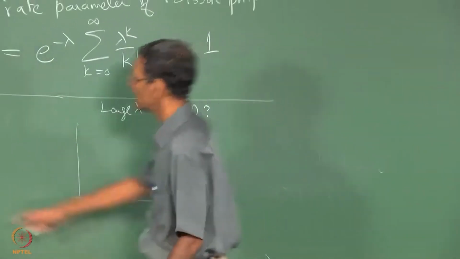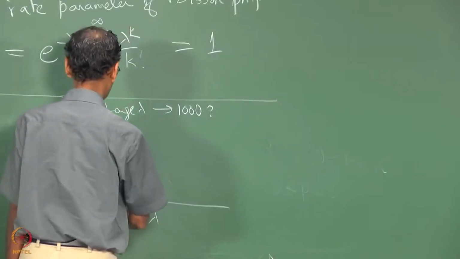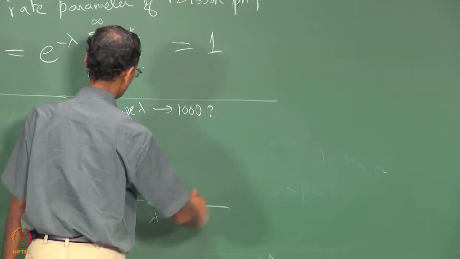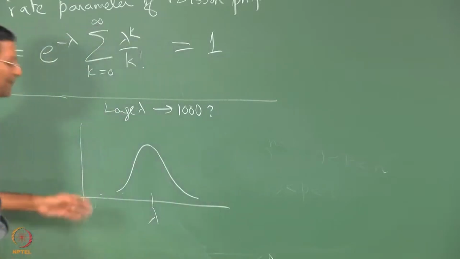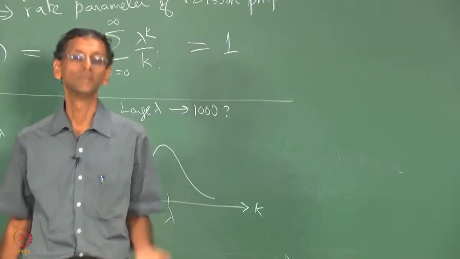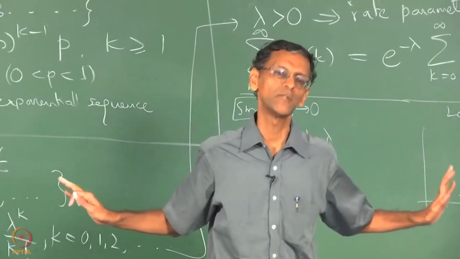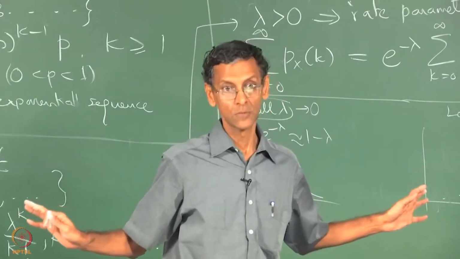Now I cannot look at individual numbers anymore. I have to draw an envelope like this. Now k equal to 0 will have very small probability. You go back, this e power minus lambda will effectively kill all the probabilities close to 0.